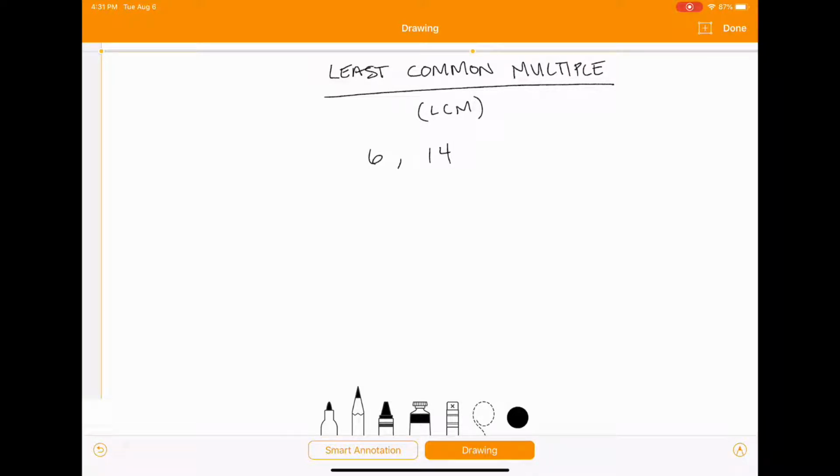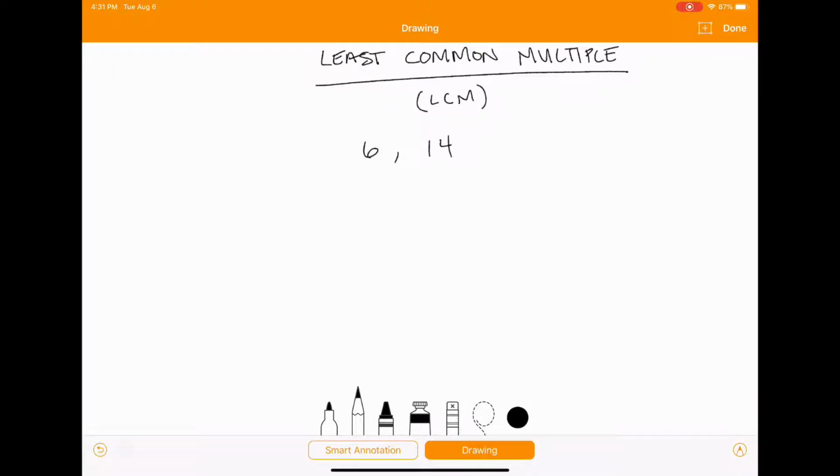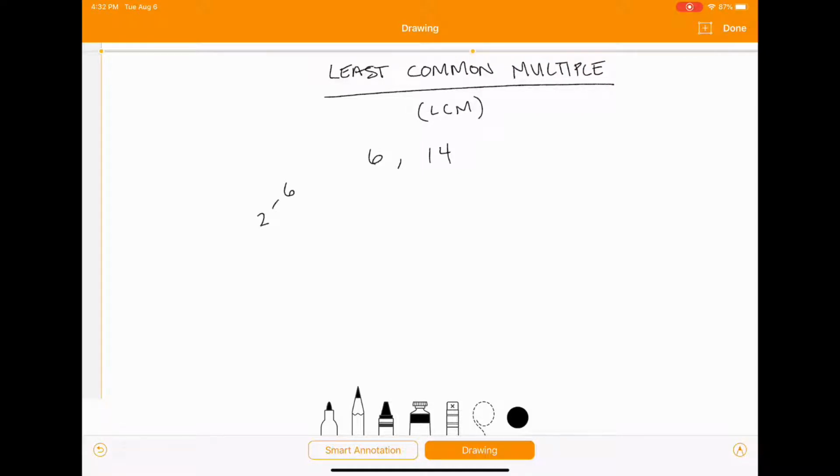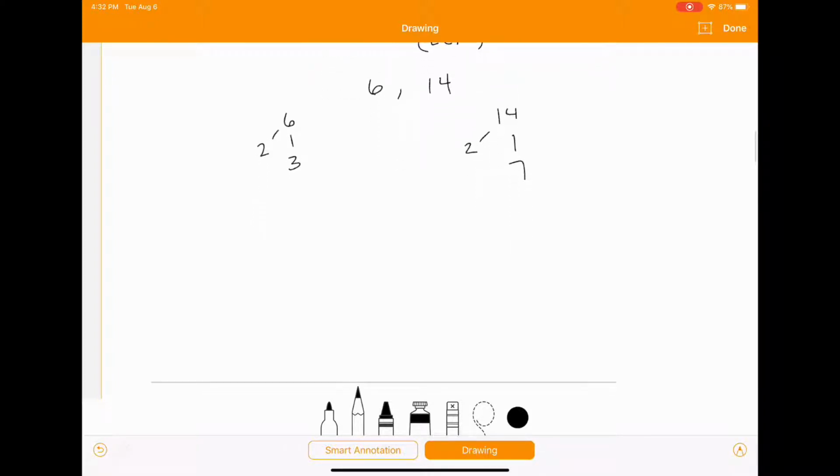So again, you're going to do a prime factorization of each number. And same thing, you're going to lay them out on top of each other. So for 6, we've got 2 times 3. And for 14, we've got 2 times 7.